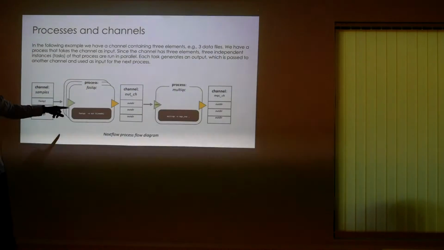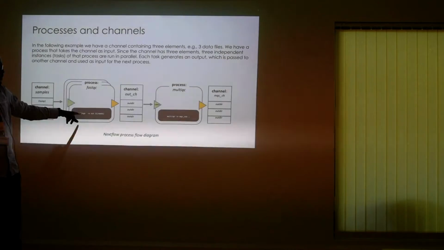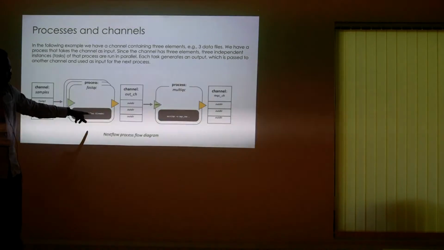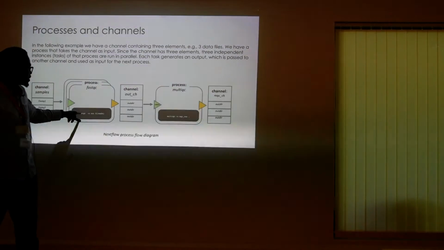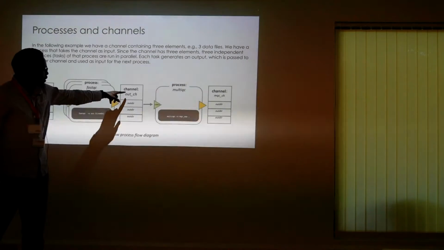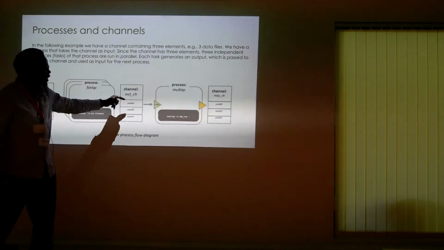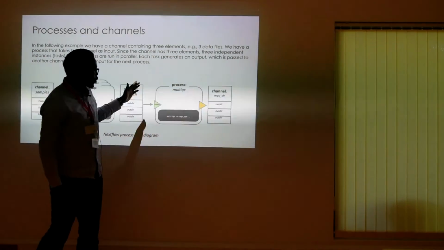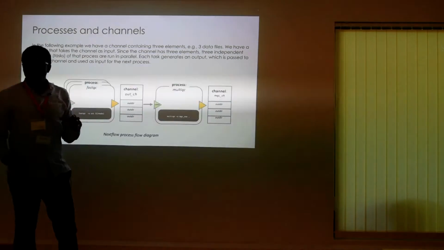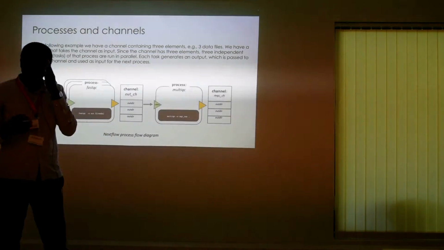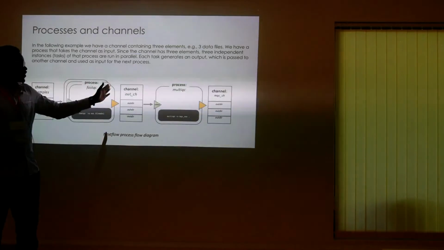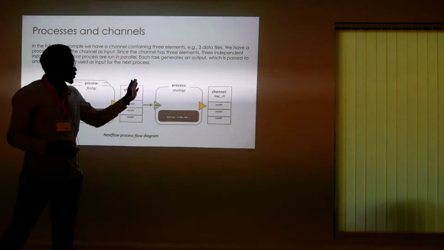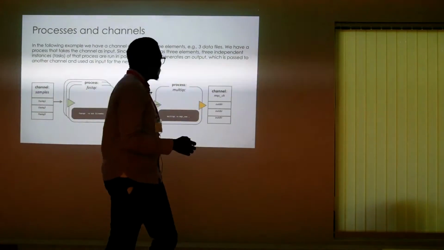Then this will output whatever FastQC gives, but now you have to say that the output is a channel, which is passed on to the next process. So it's just like an input from one process modified to a channel, and then that channel becomes an input to the next process, and so on and so forth.